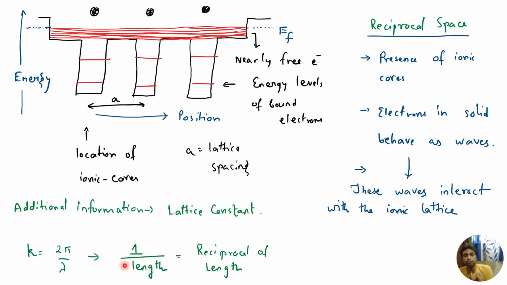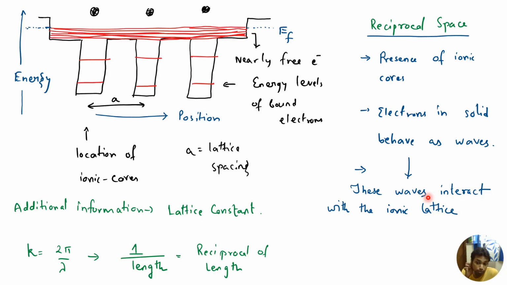And if we can somehow determine this arrangement in the reciprocal space, then we can get a lot of information about the interaction of the crystal structure with the external probes and how the electrons behave in it as waves and so on.